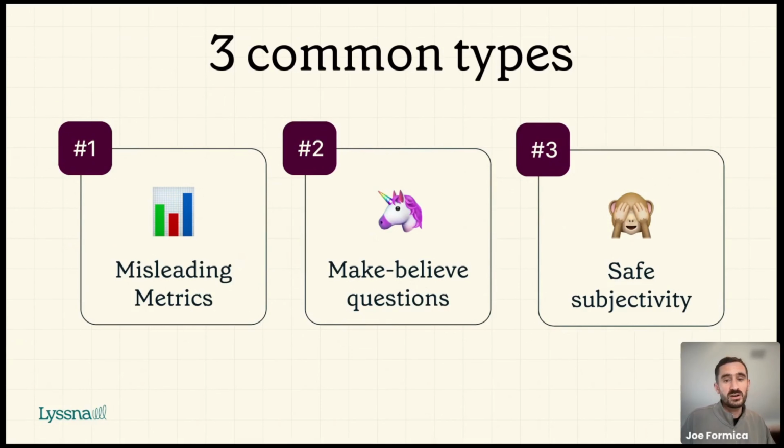So the idea here is to go through these, define them for you, give you an idea of what to look out for and why these types of questions are ultimately going to lead to inaction and more confusion, and also give you guys the tools to fix these and improve them.